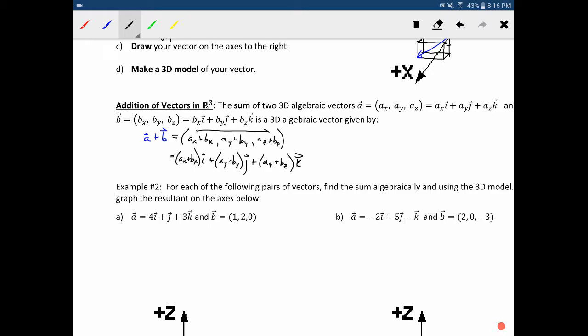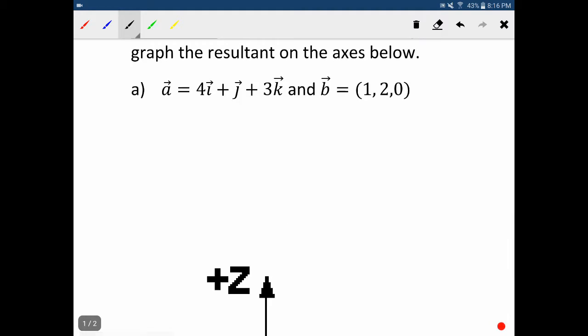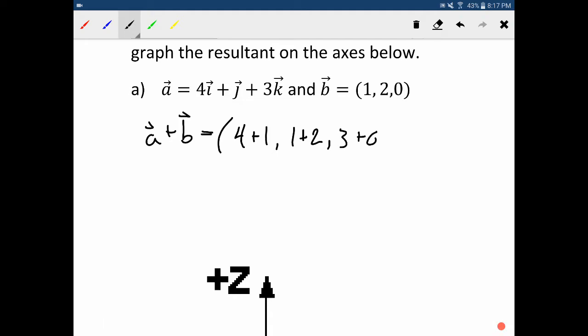If we go to do these with some real examples, we can say that a plus b is equal to, and I'm just going to use component form because it's a little easier here, 4 plus 1, 1 plus 2, and 3 plus 0.